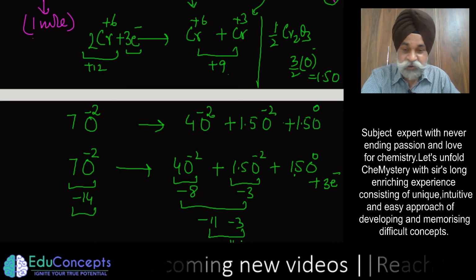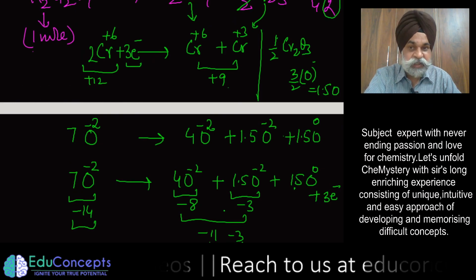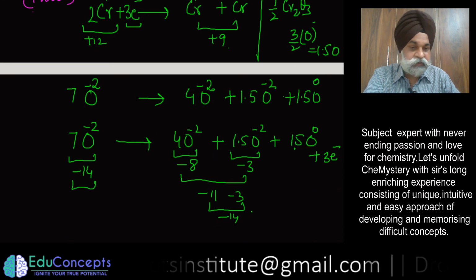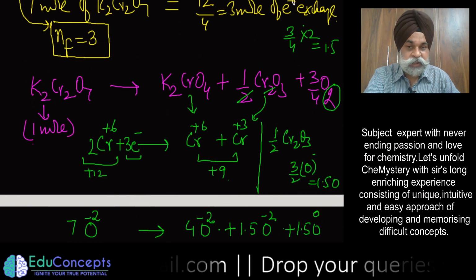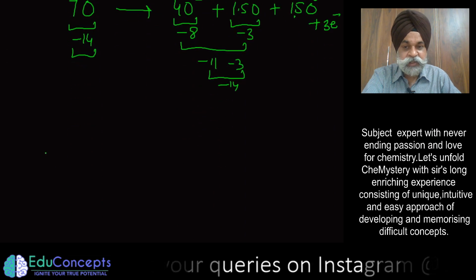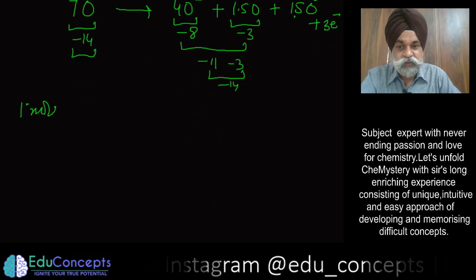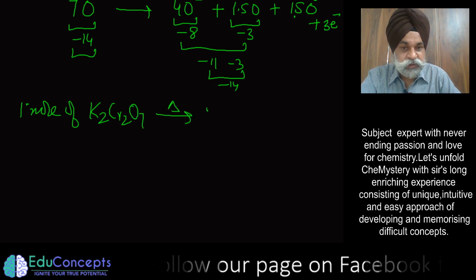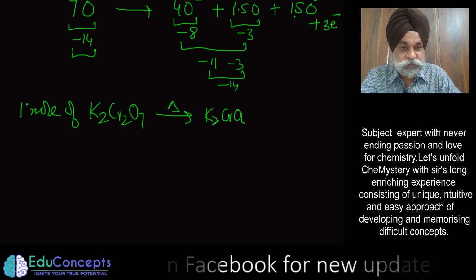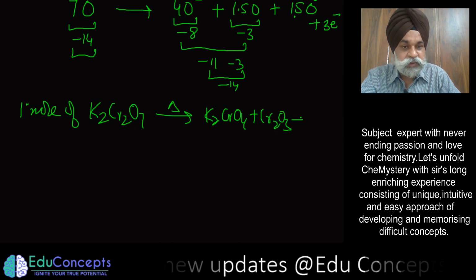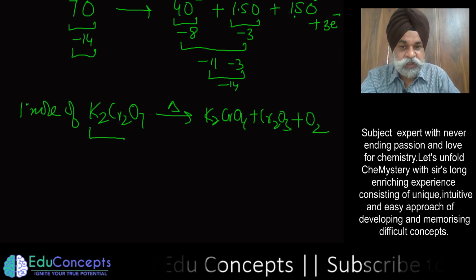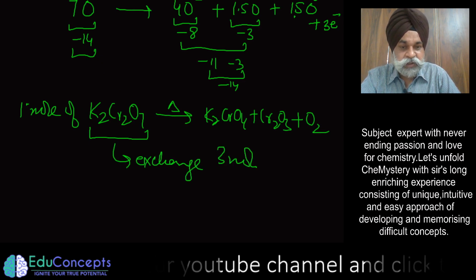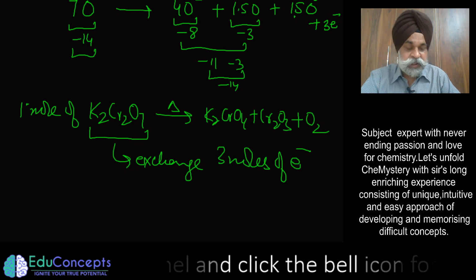So now the beauty is you are able to understand that 3 moles of electrons are exchanged for 1 mole of potassium dichromate during its decomposition to these particular compounds. 1 mole of potassium dichromate is exchanging 3 moles of electrons.